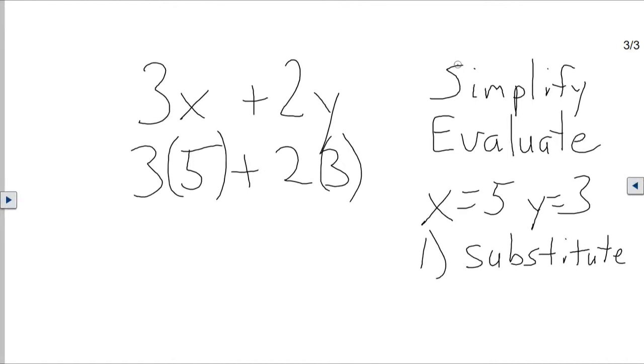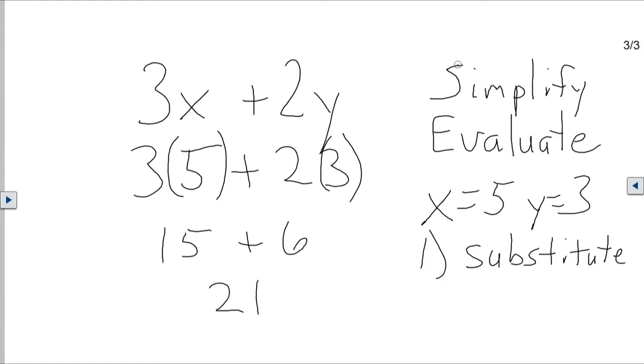So that means 3 times 5 plus 2 times 3. Now we just have to follow our order of operations. So we do our multiplication first. 3 times 5 is 15. 2 times 3 is 6. And 15 plus 6 is 21. All right, so we've successfully simplified, or we've evaluated. Again, I'm not putting equals 21, not putting any equal signs in there.